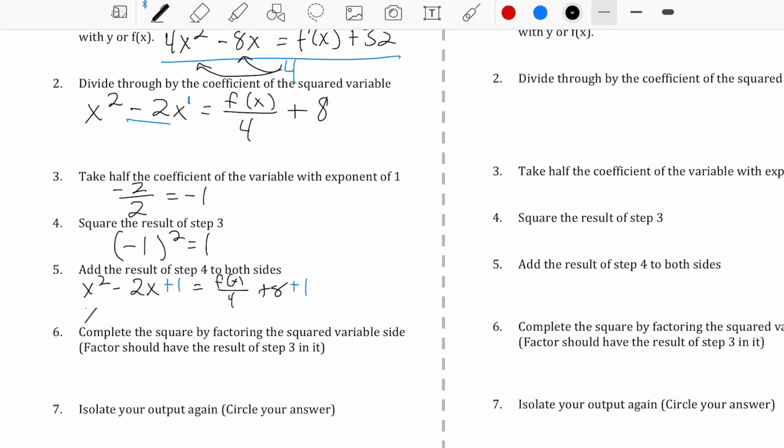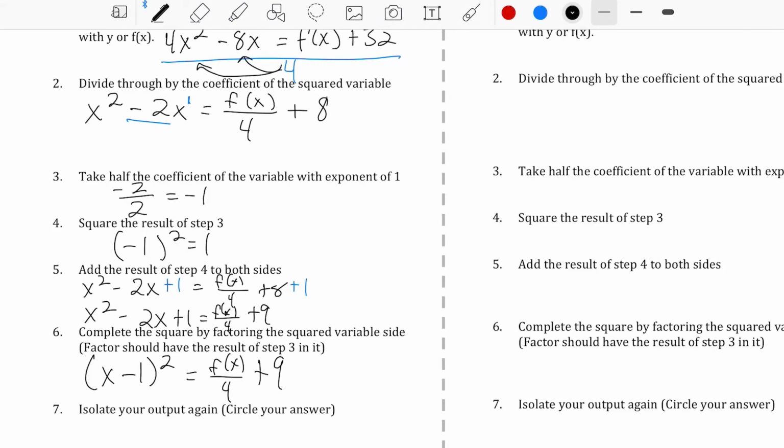When I do that, I get x squared minus 2x plus 1 equals f of x divided by 4 plus 9. Okay. Now we can factor that left side here. So I get x minus 1 squared equals f of x divided by 4 plus 9.